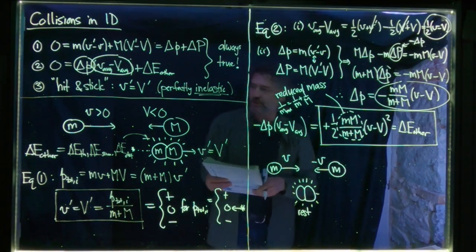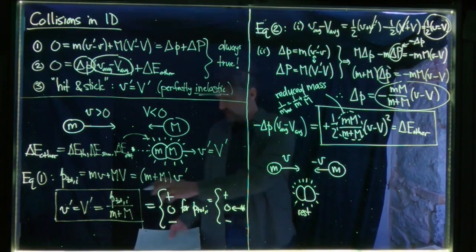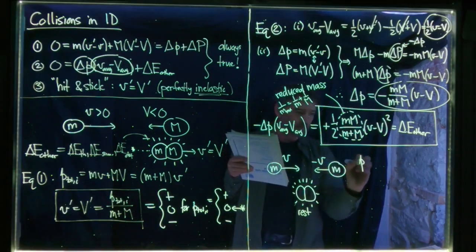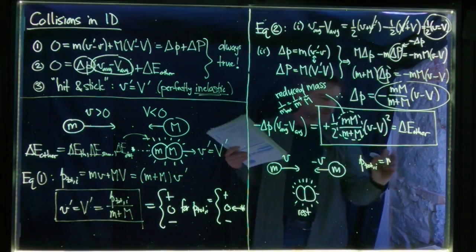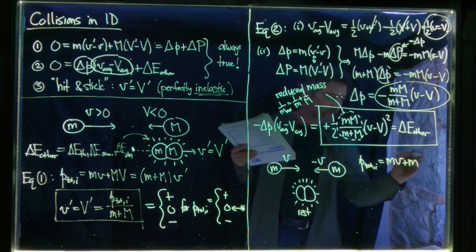Okay, so let's just double check. Let's look at P total initial. We have an object of mass m moving with velocity v, and we add to that an object of mass m moving with velocity negative v, so that's obviously equal to 0.